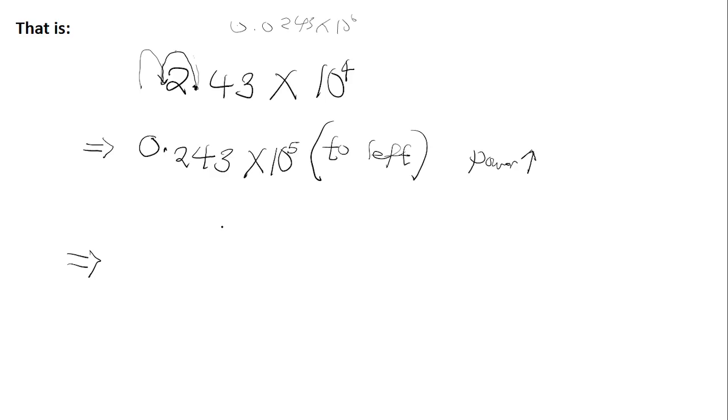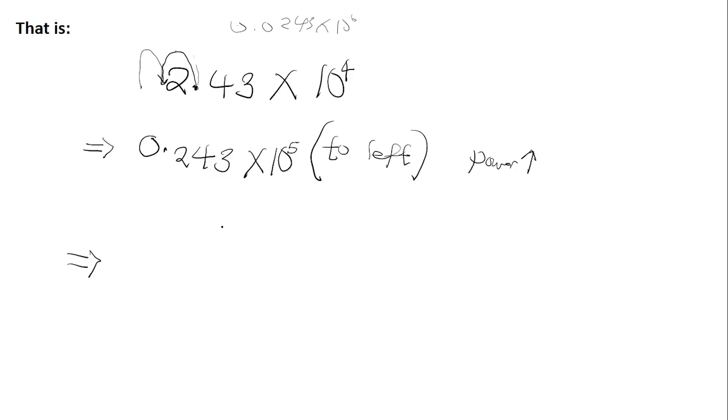This can never be our final answer, but we are just doing this to make sure that the powers are the same, because the rule of addition and subtraction says that the powers should be the same. So I'm just trying to teach you how to change powers. When the power reduces, the decimal point moves to the right. When the power increases, the decimal point moves to the left.